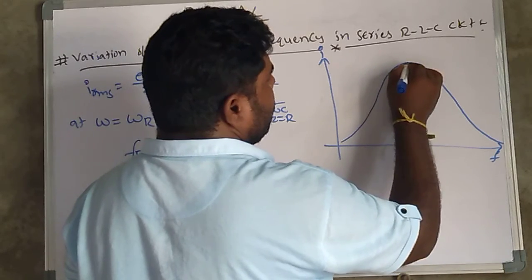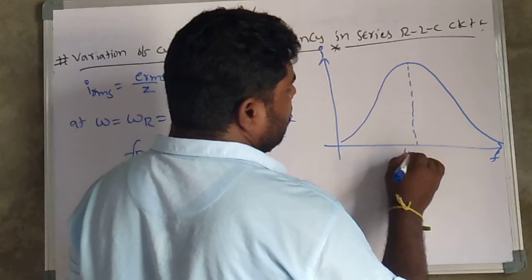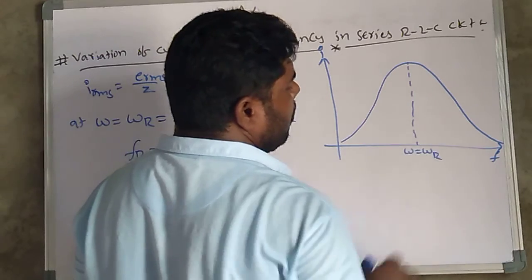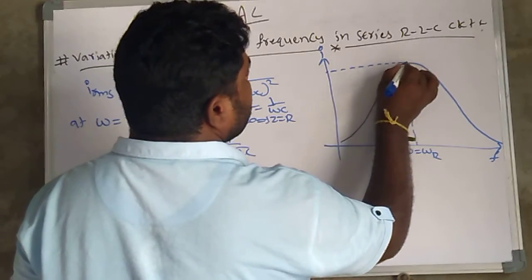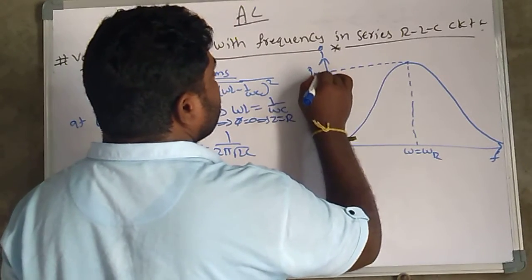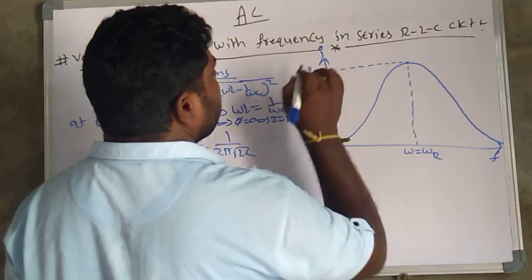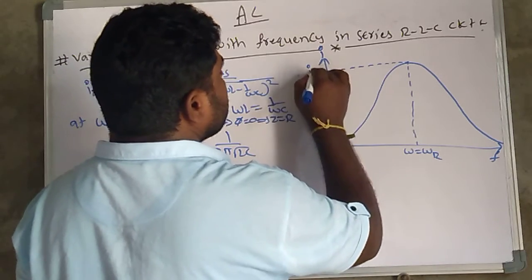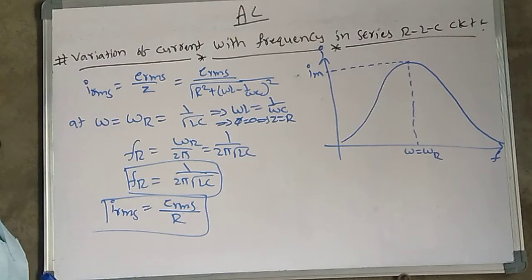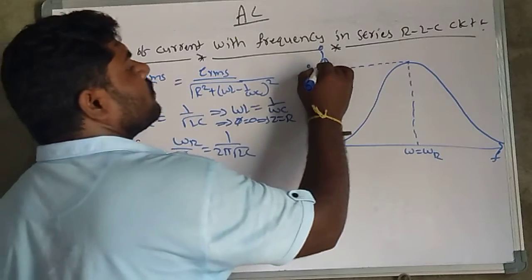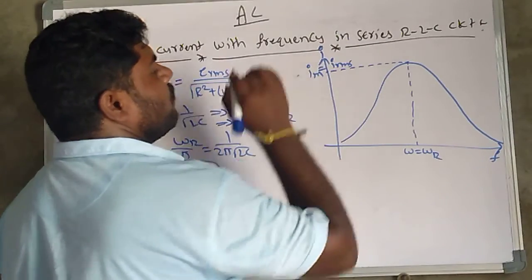This maximum point we call omega equal to omega_R, or the resonance frequency. This is the maximum current, I maximum. Here the power is also maximum, at the maximum I_RMS value.